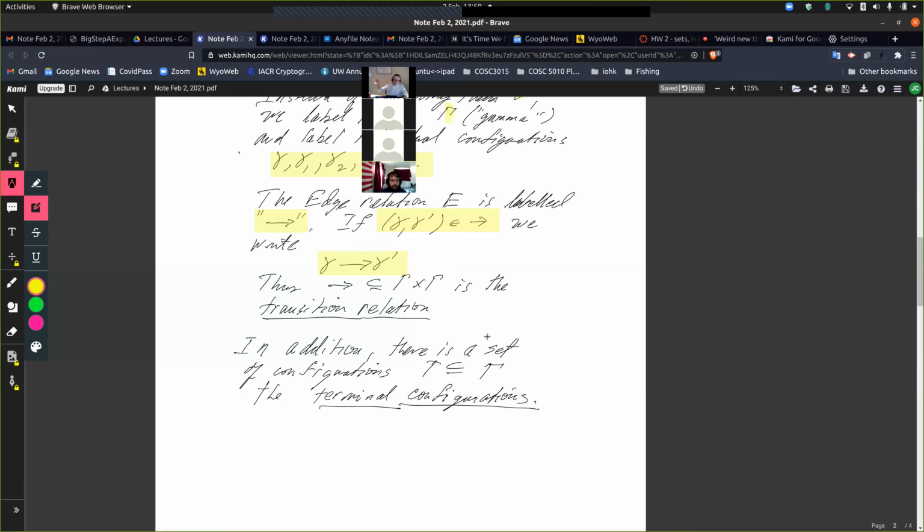That's a possible transformation that can occur. And arrow is a subset of gamma cross gamma. And remember, gamma is the set of all the possible configurations that you're interested in.